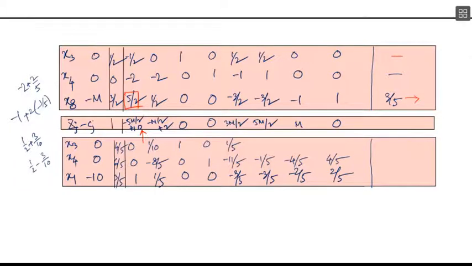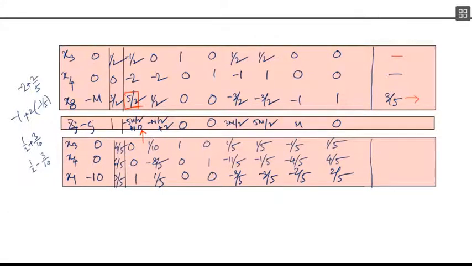Half minus 3 by 10 is 5 by 10 minus 3 by 10, that is 1 by 5. It is also 1 by 5, then it will be minus 1 by 5, and finally it is 1 by 5.